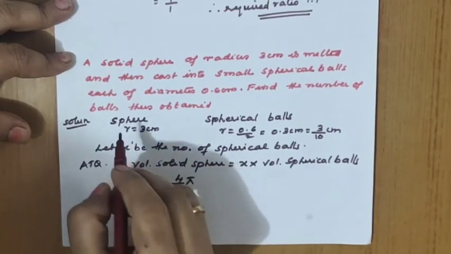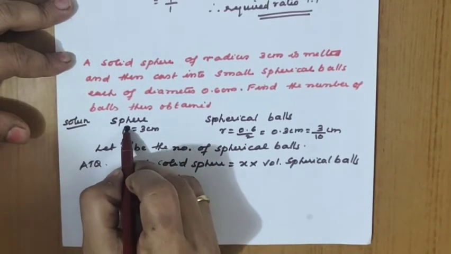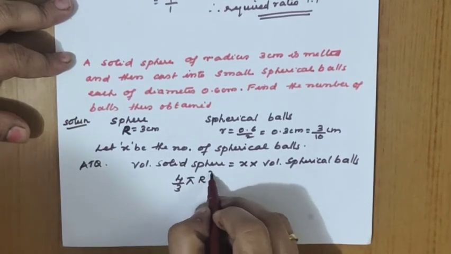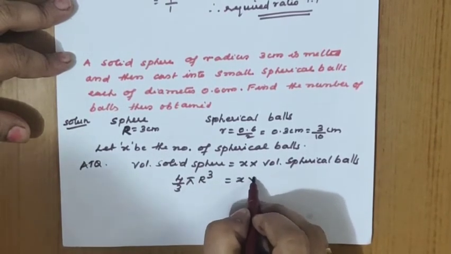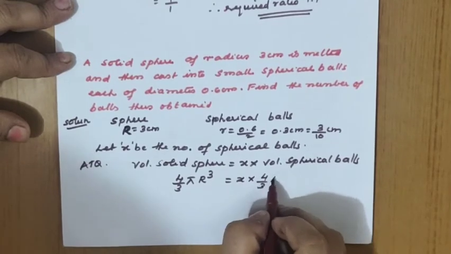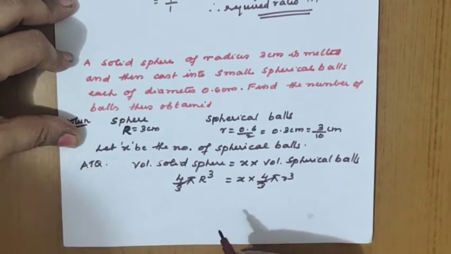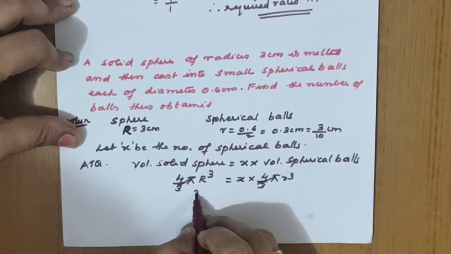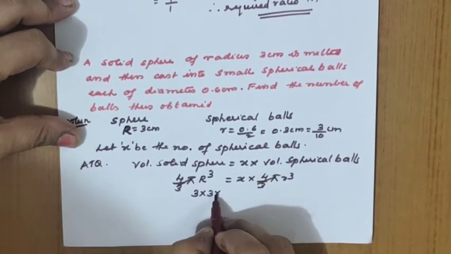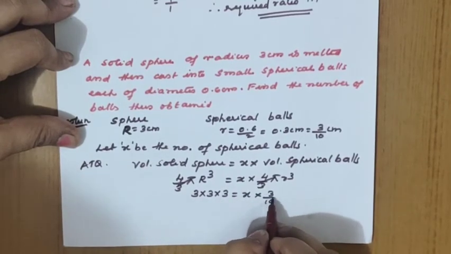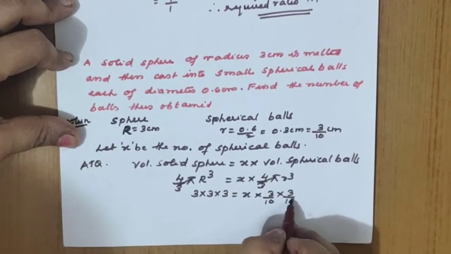To avoid confusion, the sphere is the bigger one here and the balls are small, so I will make it a capital R. So 4 by 3 pi R cube equals x into 4 by 3 pi r cube. Right? So 4 by 3 pi and 4 by 3 pi get cancelled. Now R cube equals 3 into 3 into 3, and x into 3 by 10 into 3 by 10 into 3 by 10.